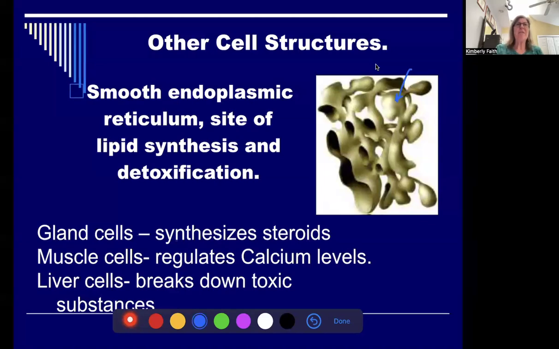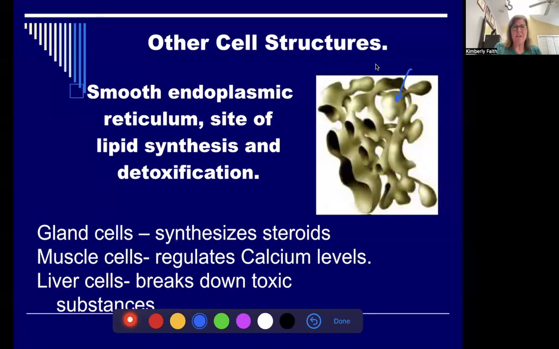We can see that in different types of cells, you're going to have different amounts of different organelles. So, like in gland cells, you'll have a lot of smooth ER because the smooth ER also makes some steroids. Muscle cells, you'll have a ton of it because the smooth ER also stores calcium. You need calcium for muscle contraction.